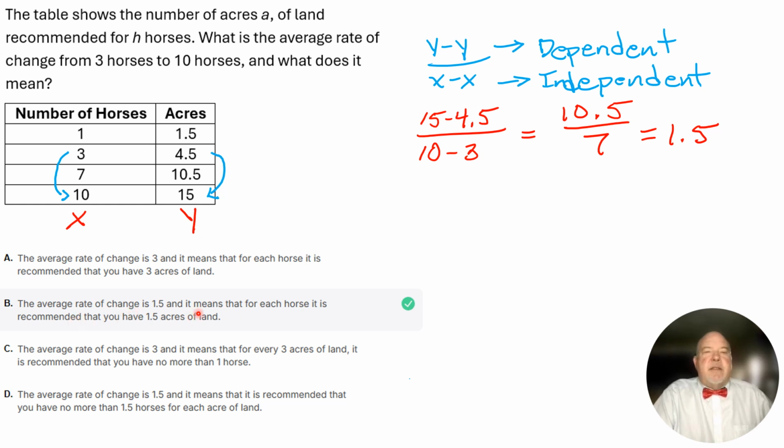B says it means that for each horse, it is recommended that you have 1.5 acres of land. And in fact, if you look right here, that's what this says. For one horse, you need 1.5 acres of land. The other one says it means that it is recommended that you have no more than 1.5 acres for each acre of land. So the answer is B.